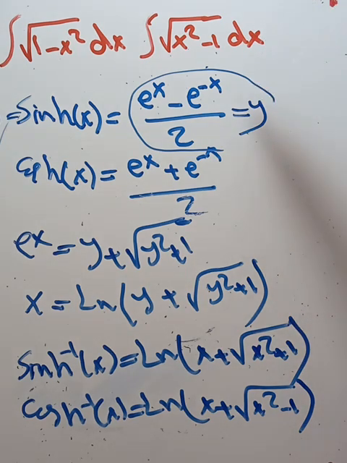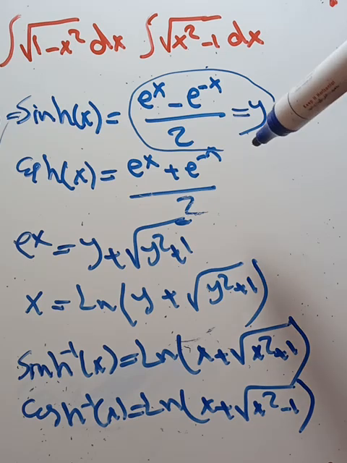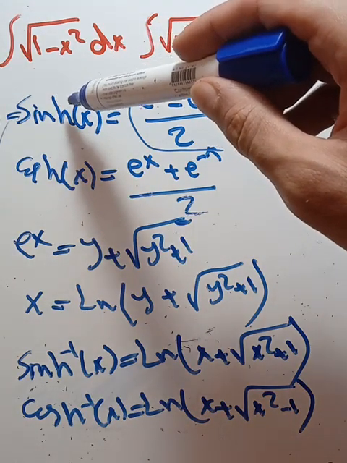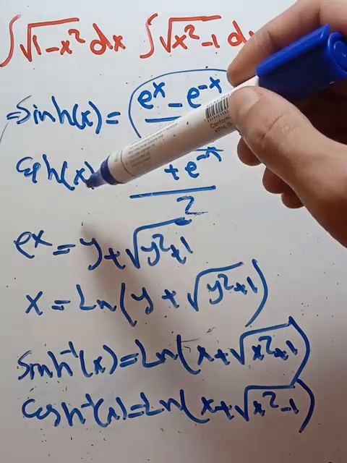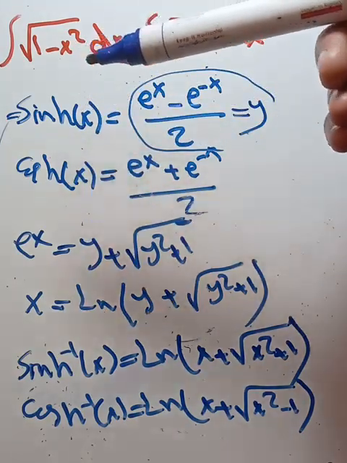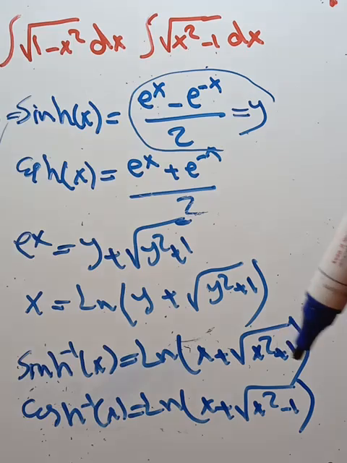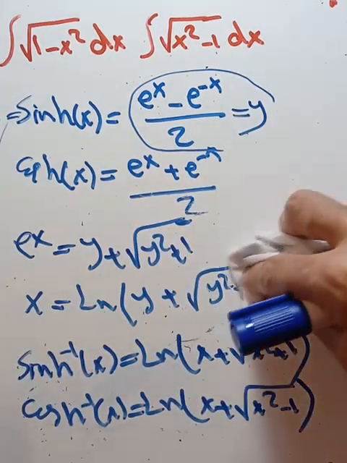Now I'm going to first evaluate this integral. Okay, and here you already know the derivative of sine hyperbolic equals cosine hyperbolic, and the derivative of this equals this. But what about the derivative of their inverses?